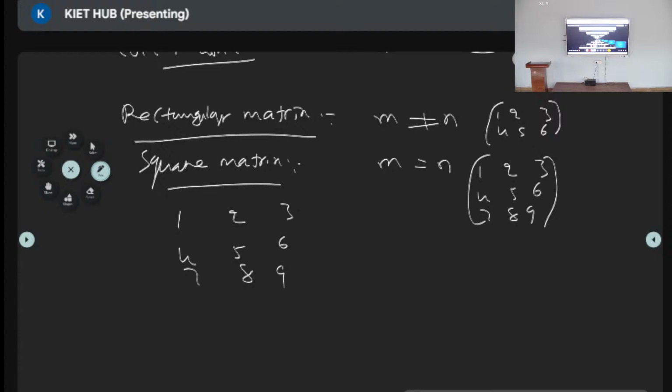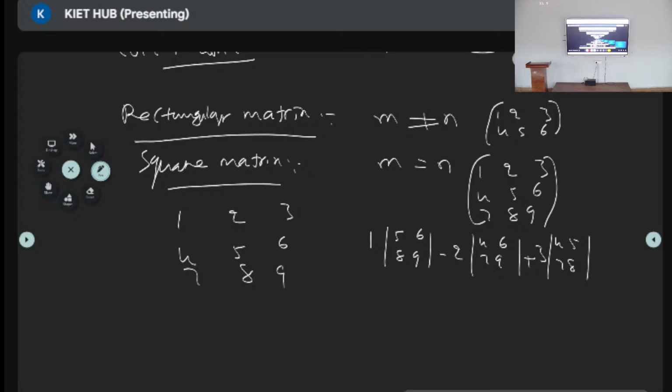First row, I am expanding the determinant: 1 into (5, 6, 8, 9) minus 2 into (4, 6, 7, 9) plus 3 into (4, 5, 7, 8). Calculate and tell me what is the answer. All of you calculate the determinant value.